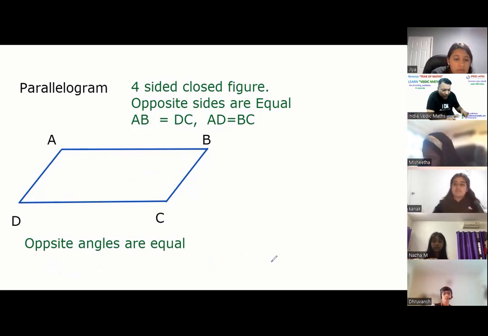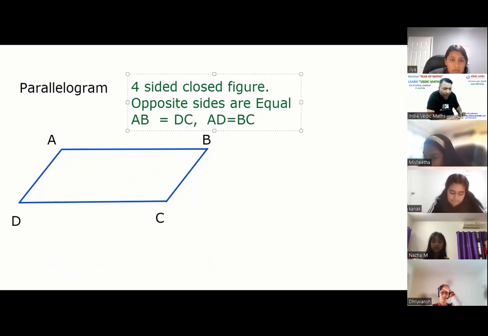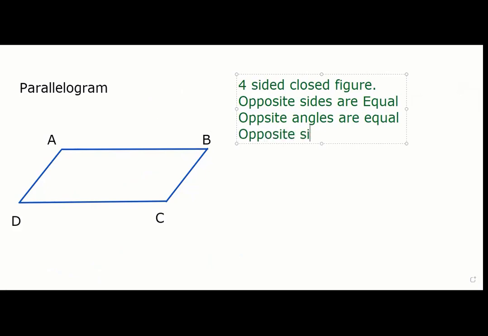So the properties of parallelogram are, everybody should write all these properties in sequence. I give you example. Now I am writing all the properties. Opposite sides are equal. Opposite angles are equal. Then opposite sides are parallel.